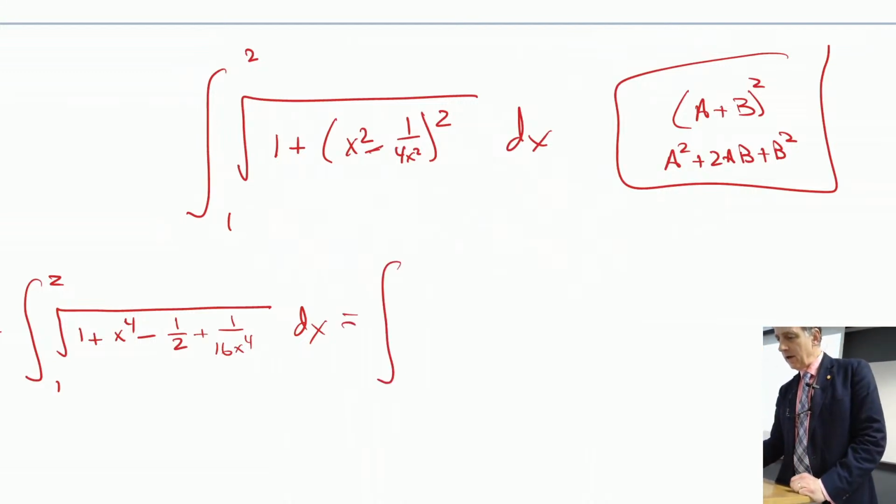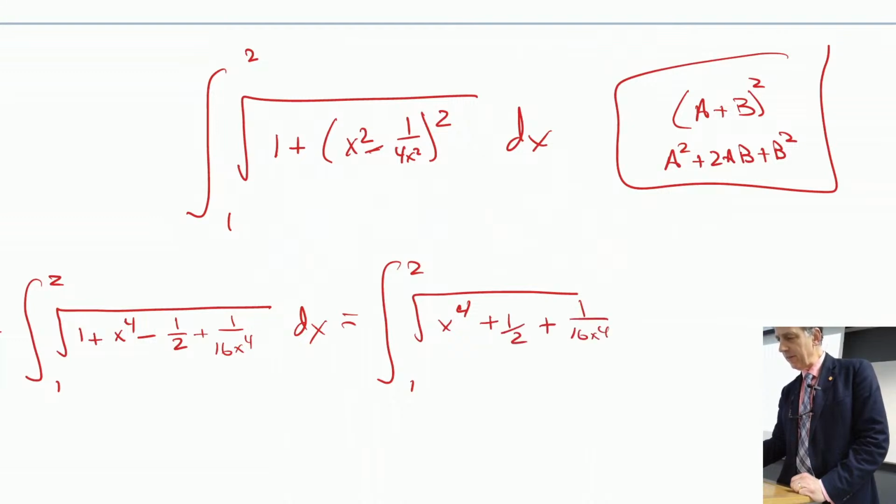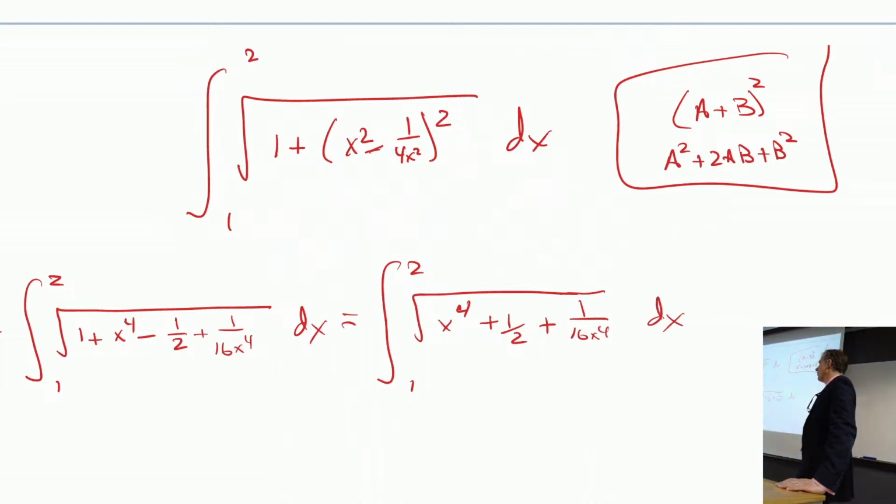And then here you get this, x to the fourth plus 1/2 plus 1 over 16x to the fourth. Now at this stage, you probably would be more comfortable writing this with a common denominator.